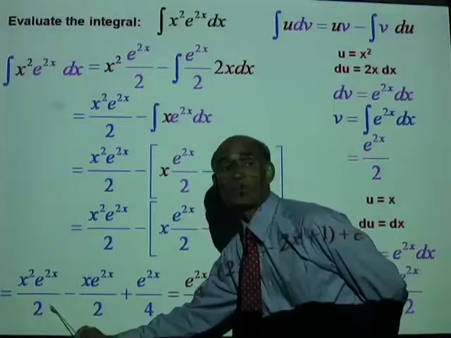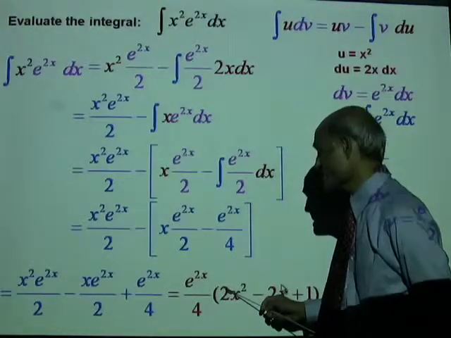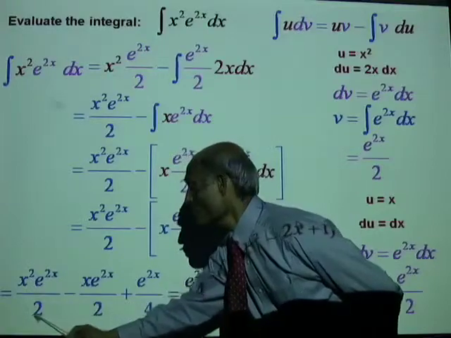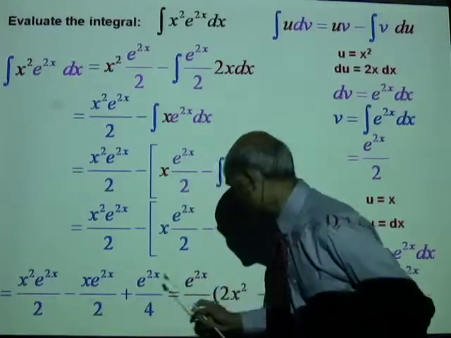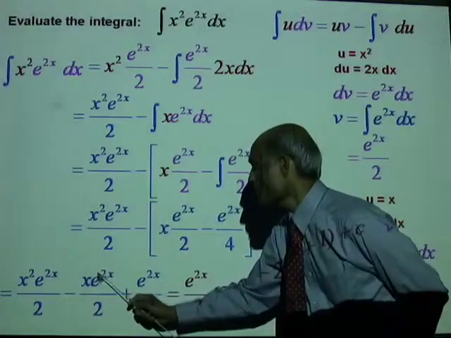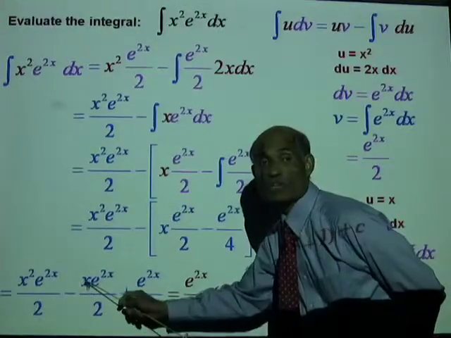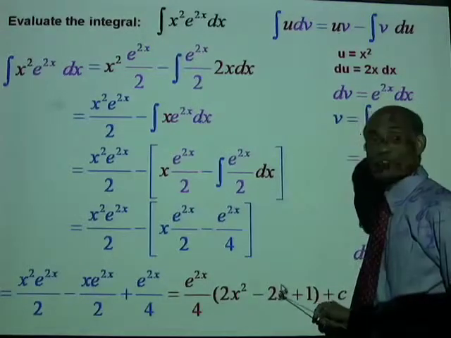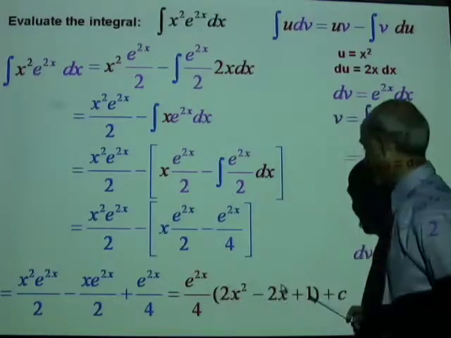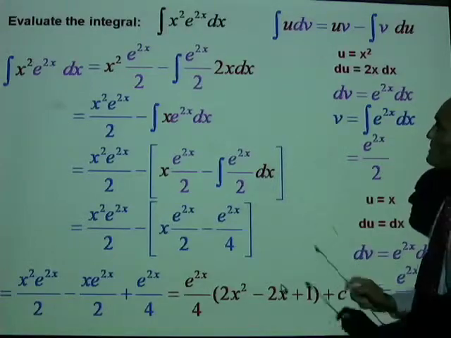That makes the denominator 4, which comes out and leaves the 2 in the numerator. So when e to the power of 2x over 4 is factored out, you are left with 2x squared, minus, when e to the power of 2x over 4 is factored out here, what is left is 2x. So that is 2x squared minus 2x plus 1, plus c, and that is the result of integrating this.